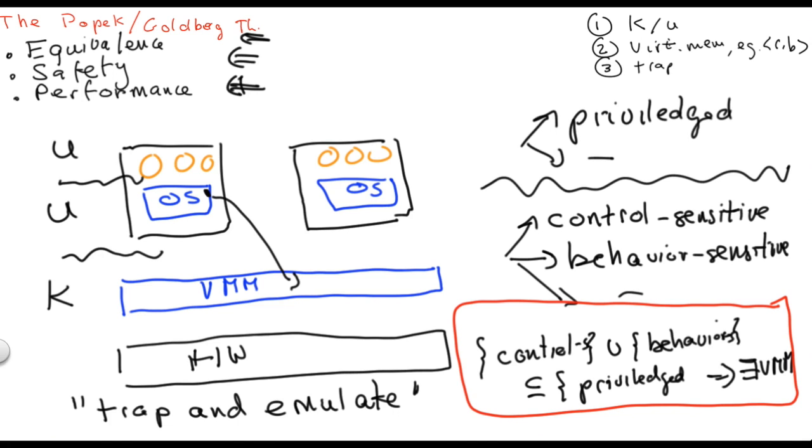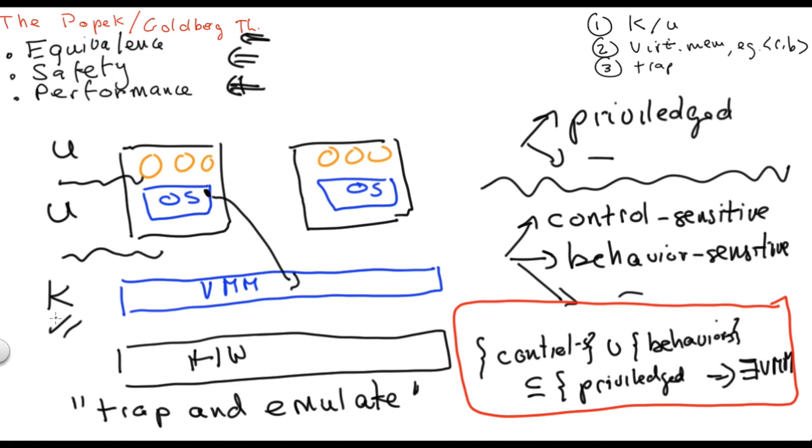Now, I've already illustrated elements of that VMM, in particular the fact that it is the entity that is running in kernel mode, and that it is running the virtual machine always directly in user mode. The VMM being in kernel mode handles the traps. All transitions between user mode and kernel mode are handled by the VMM.